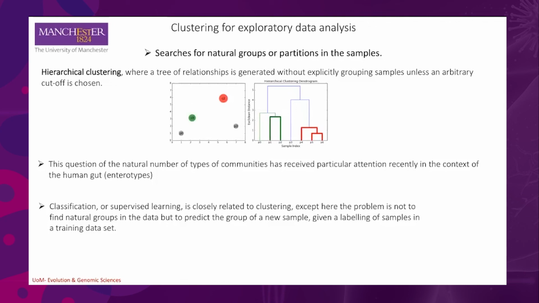This received particular attention in the context of the human gut microbiomes and the enterotypes. The enterotypes of the human gut microbiome are essentially clusters of microbiomes that have been named as meta-communities or microbial communities. They are a product of clustering approaches.